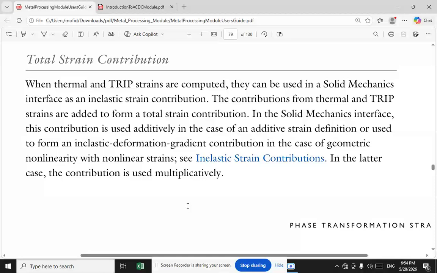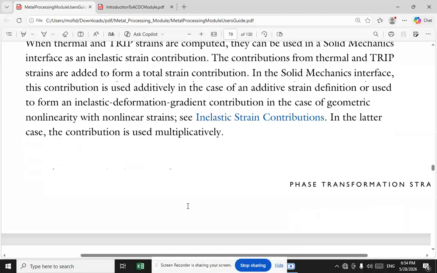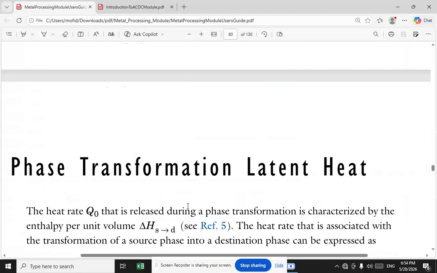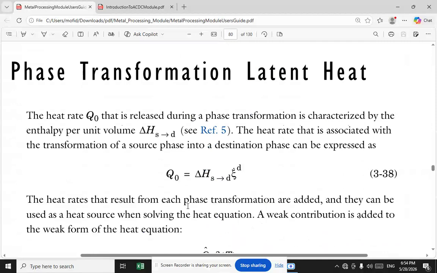This contribution is used additively in the case of an additive strain definition, or used to form an inelastic deformation gradient contribution in the case of geometric nonlinearity with nonlinear strains. See inelastic strain contributions. In the latter case, the contribution is used multiplicatively.